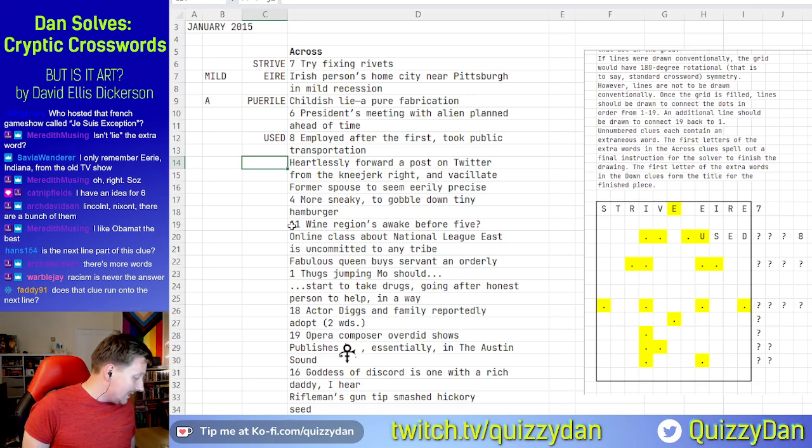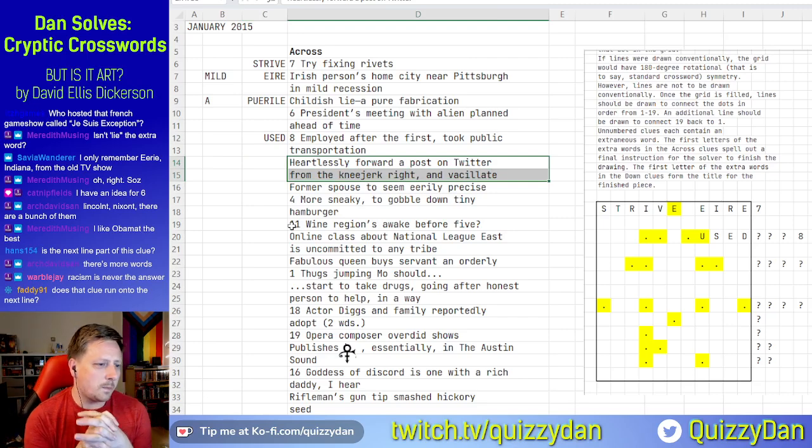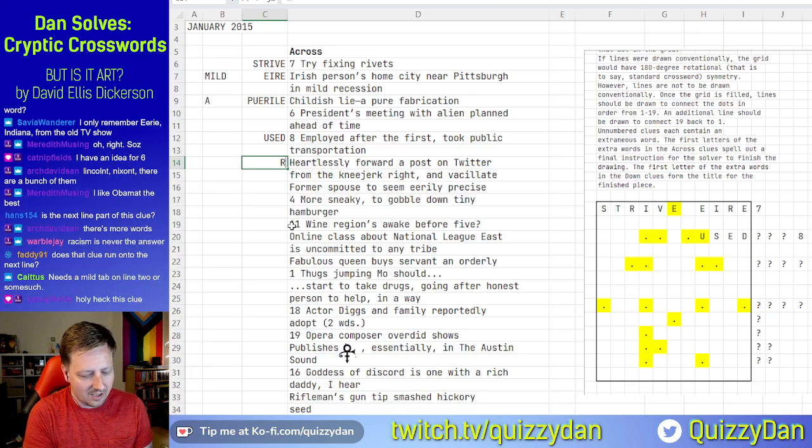Yes, it is. Yes, it is. So it is 2 lines. You're quite right. Heartlessly forward a post on Twitter from the knee-jerk right and vacillate. So if you forward a post on Twitter, that is retweet. But if it's heartless, you take the W out. So it's reteet.